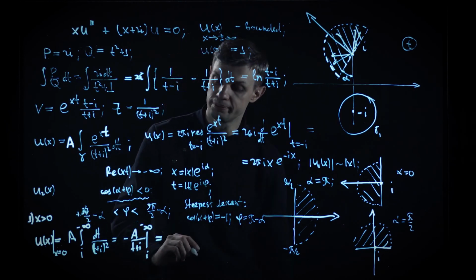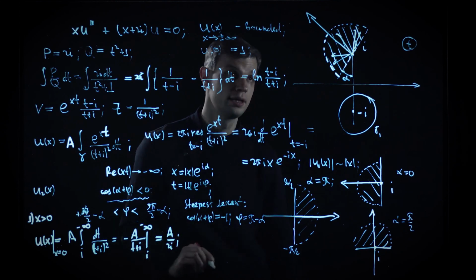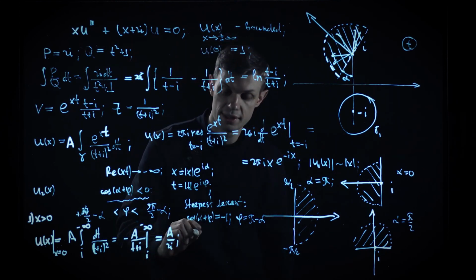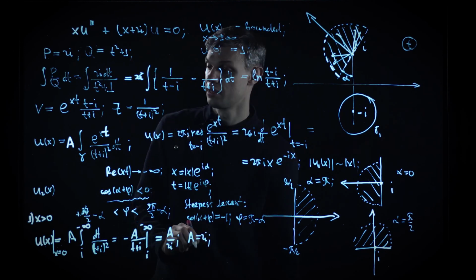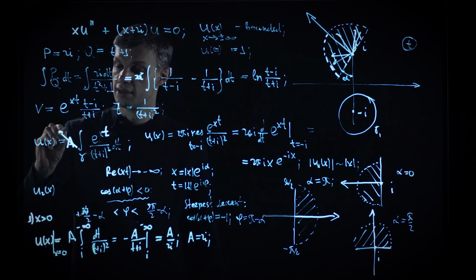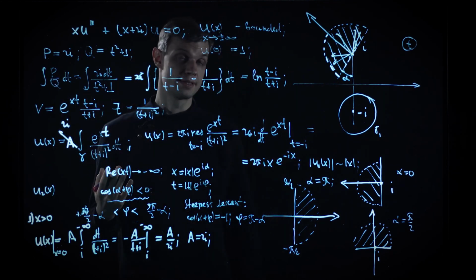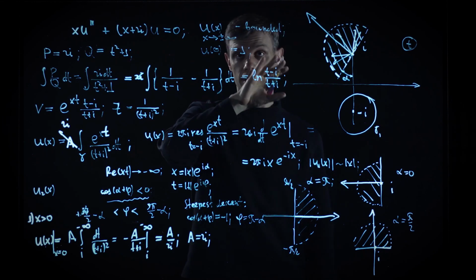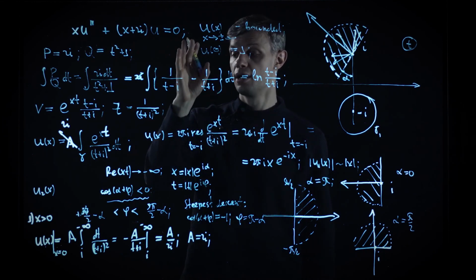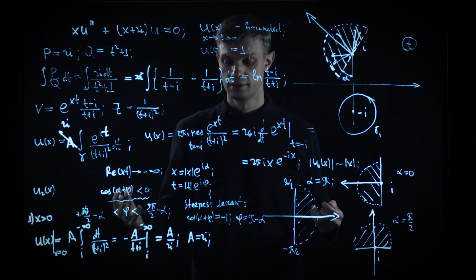So the integral is simply a over 2I. And hence, the constant a is simply 2i. So we fixed the normalization constant for our solution. And our next and final step is to check if the first condition is satisfied, namely that u of x is bounded at large positive and negative values of x.